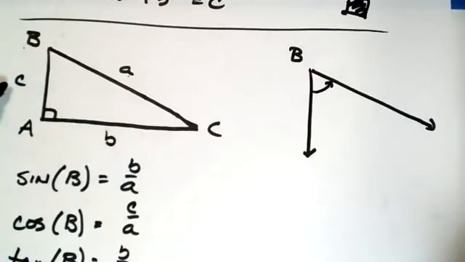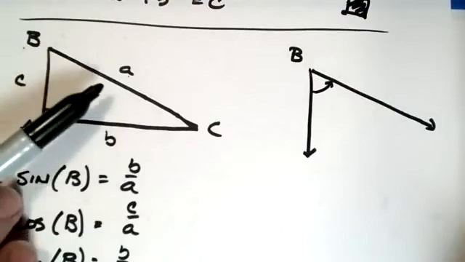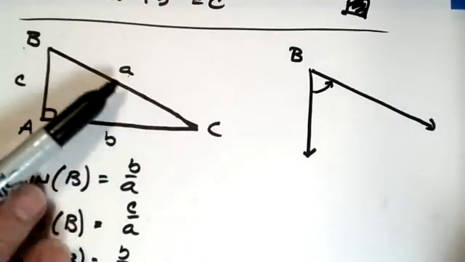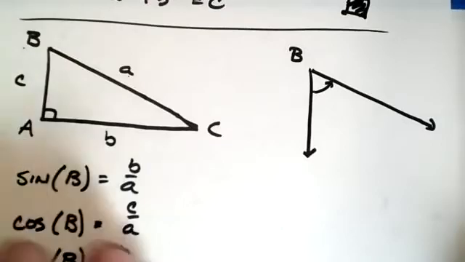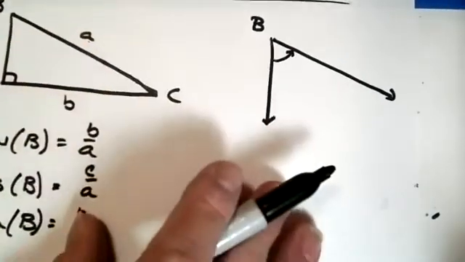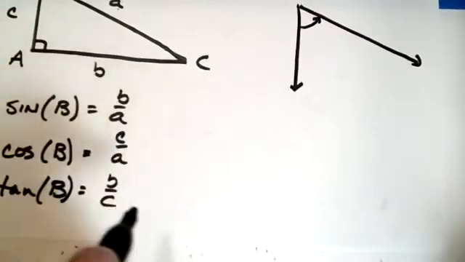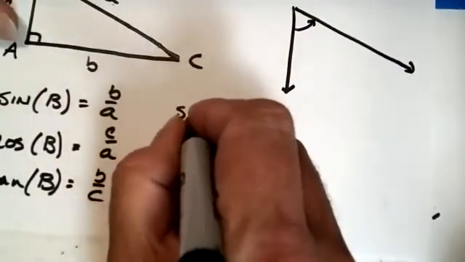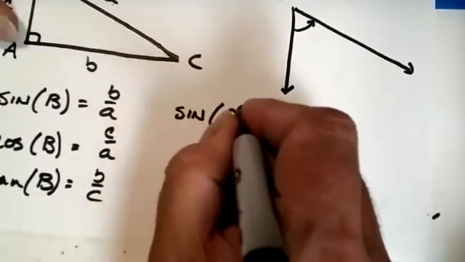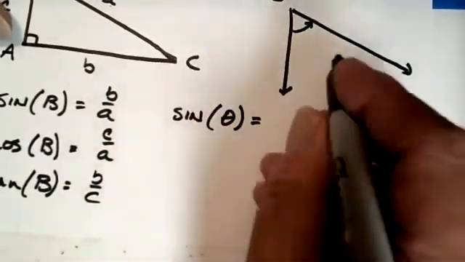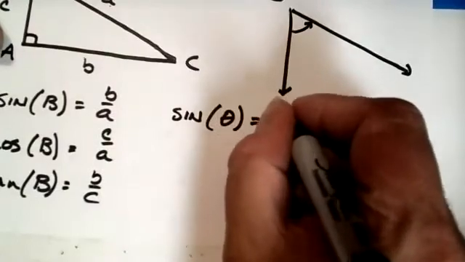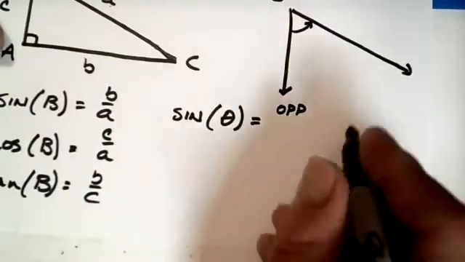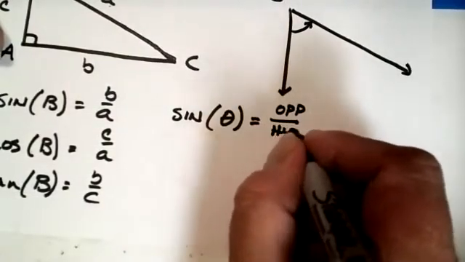The side that is next to it, that's still a leg, is called the adjacent side. And the hypotenuse is, of course, the hypotenuse. So in an arbitrary right triangle, for any particular angle, the sine of that angle can be remembered as being the opposite over the hypotenuse.